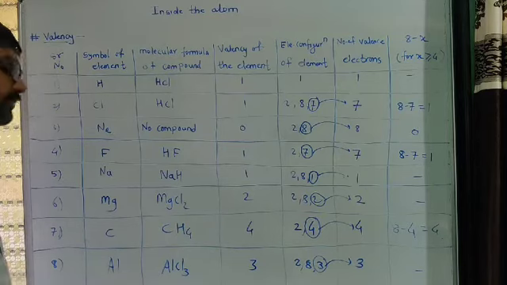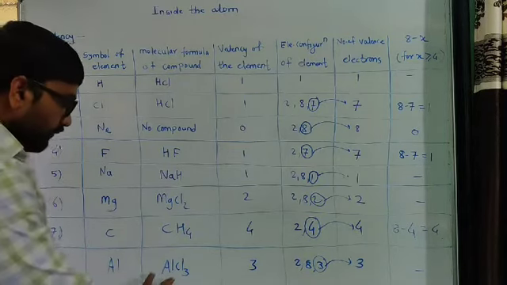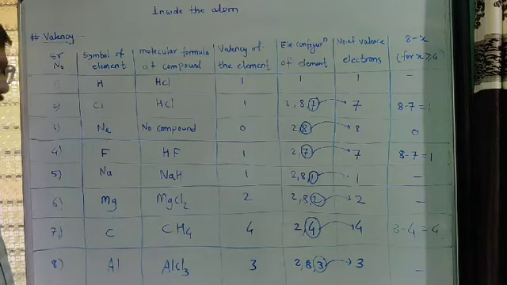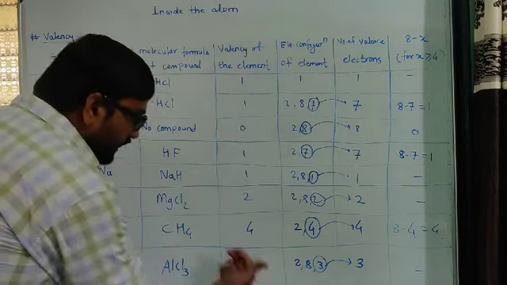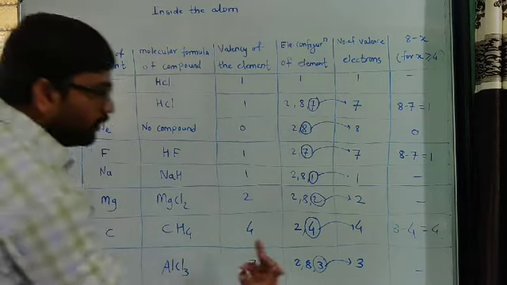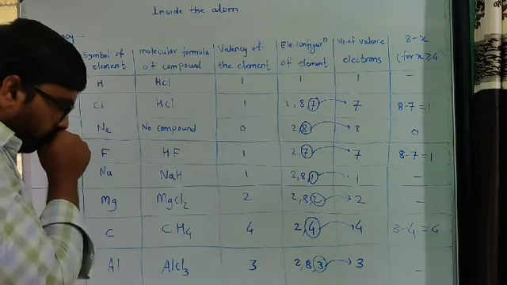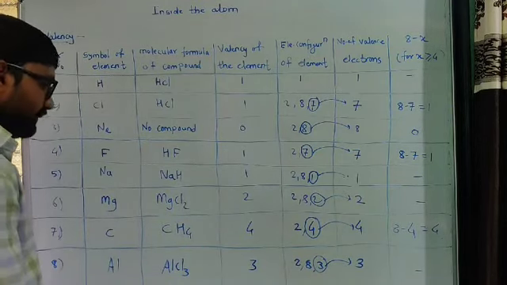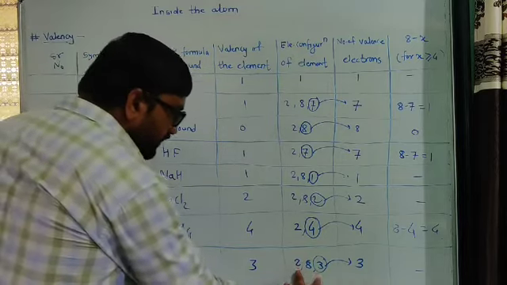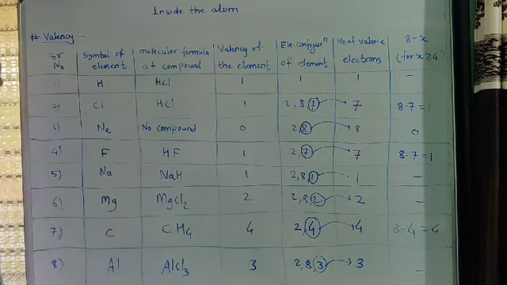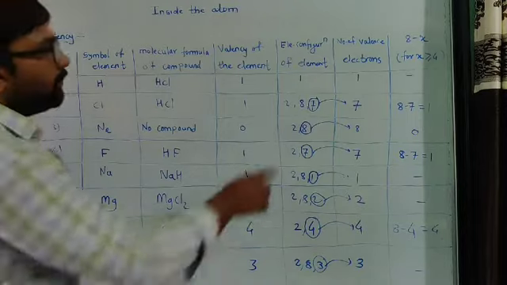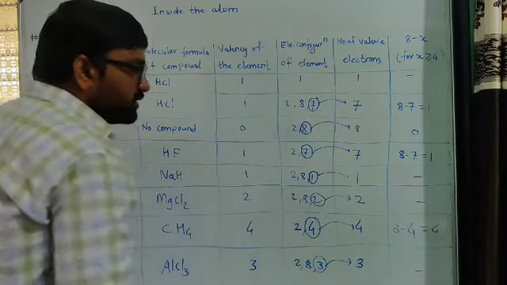Next is aluminium. Okay, aluminium forms the compound AlCl3. So 3 is the valency. How? Look at 2, 8, 3, the electronic configuration of this aluminium element. Okay, the number of valence electrons is how much? 3.